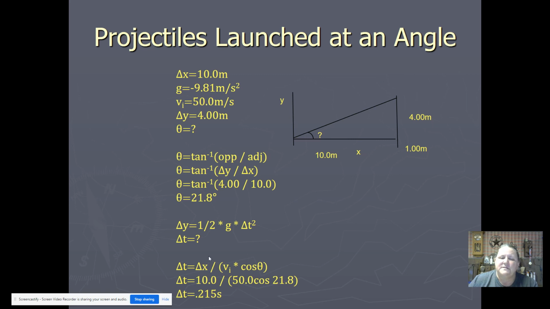So use this equation to find time. Time equals your X, which you're 10 meters away from the pole, divided by your initial velocity, which you shot the gun at, 50 times the cosine of the angle we just calculated. So the time is 0.215 seconds. That's how long from the time she shot the dart until it hit something, maybe.